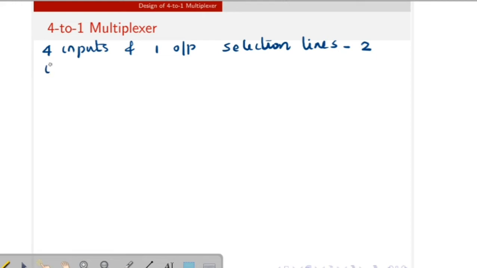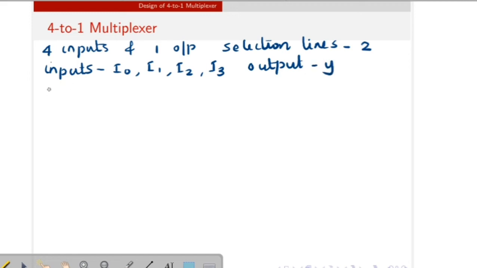So we can label these inputs, output and selection lines. Inputs are labeled as I0, I1, I2, I3, and output is labeled as Y. Then selection lines are S1 and S0.